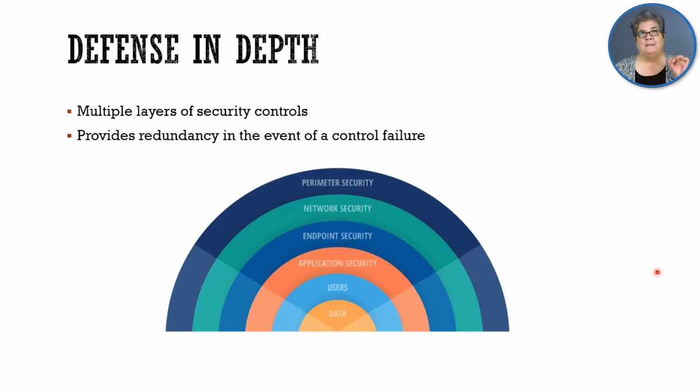When you apply security, don't just put security on one thing or in one area. Always do it in layers. We call that defense in depth. If you have multiple layers of security, including around the perimeter, on the network, at the particular servers or endpoints, on the application, on users, on the data itself, anytime you might have a little hole or gap in one of these layers, the other layers will help cover it.